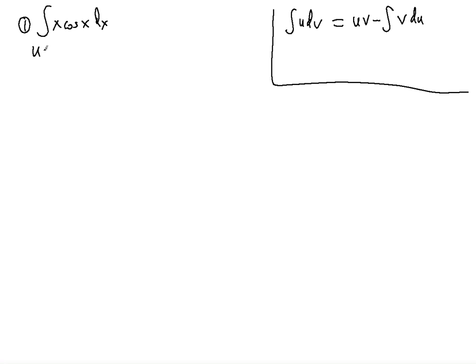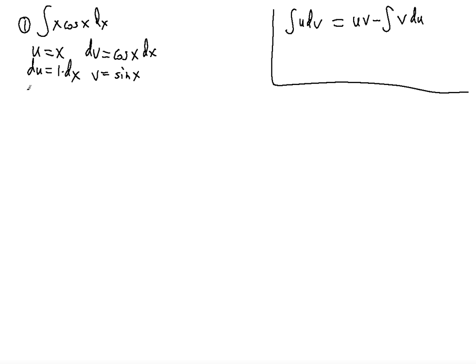So we'll choose the u as the x because the du of x will be 1, and we want to have as few terms as possible in our next sets of integrals. So this is going to be 1 times dx, and dv is going to be cosine x dx, and the v is going to be simply sine x.